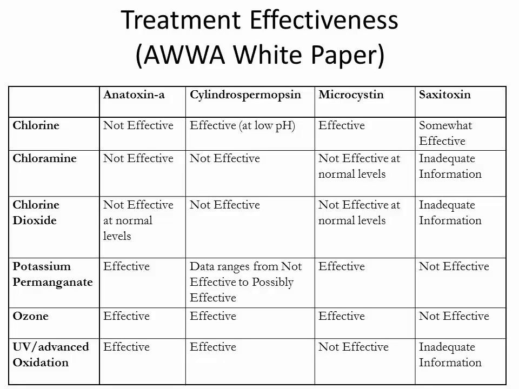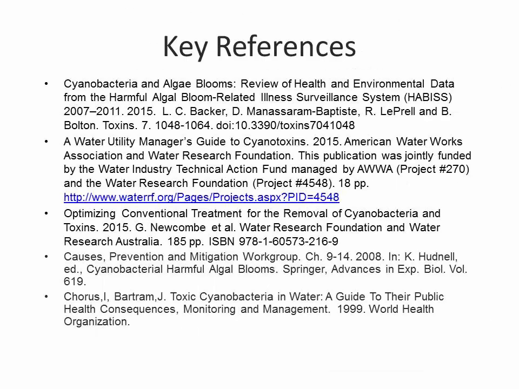And UV advanced oxidation, not effective on microcystin. That's primarily that cyclic peptide doesn't break down under UV, but effective against these two toxins. So that's kind of the summary that I have for water, out of the water treatment.